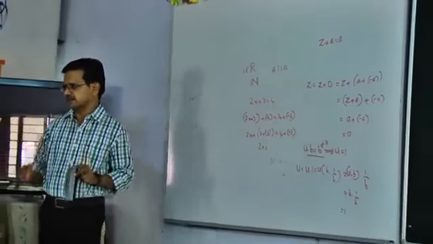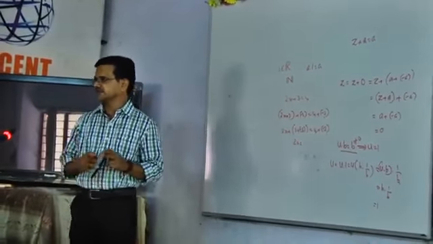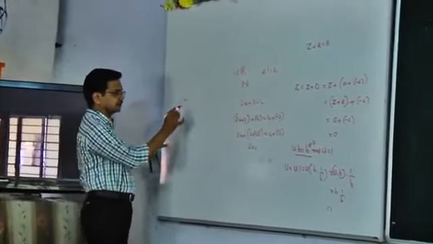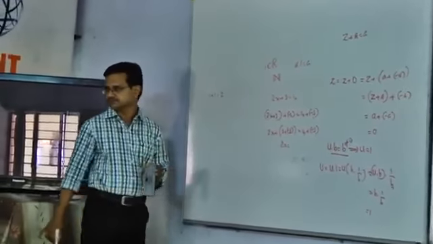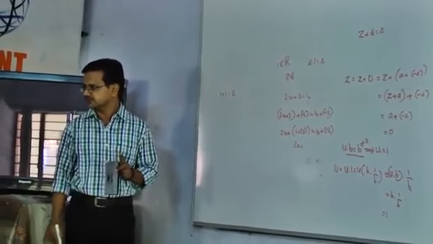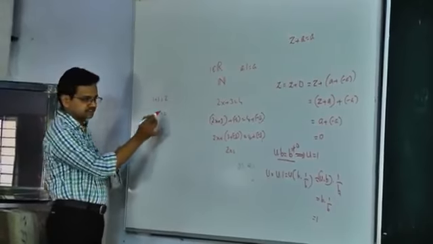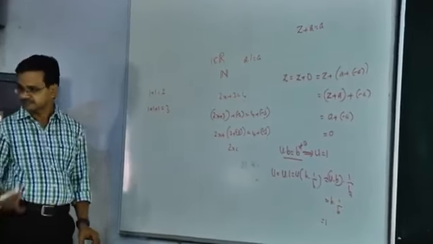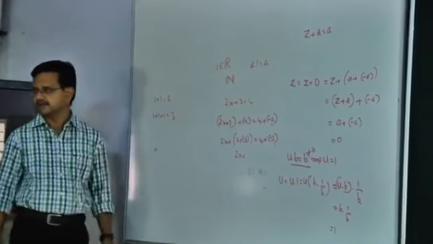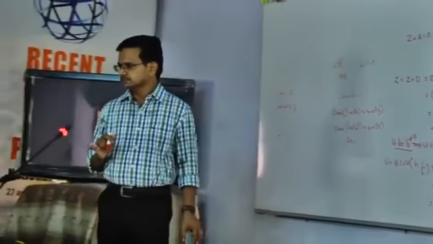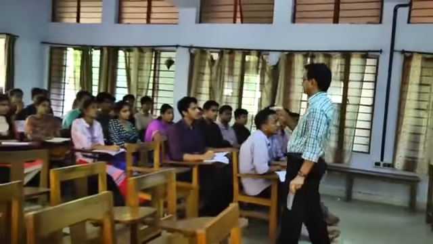We know 1 is in R and addition is there, so we can define 1 plus 1. We denote 1 plus 1 by 2. Next, 1 plus 1 plus 1, we denote this by 3. Similarly, we can define n by the n-fold sum of 1. So by using 1, we can define all natural numbers.